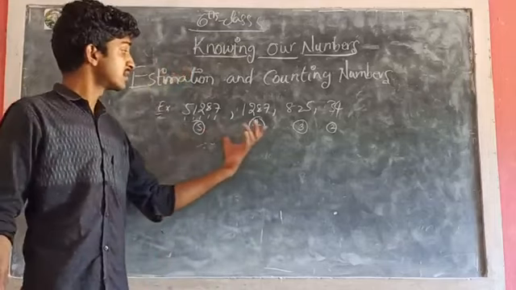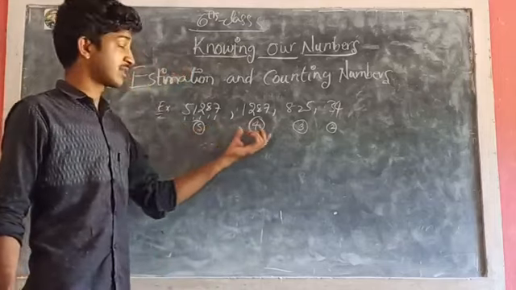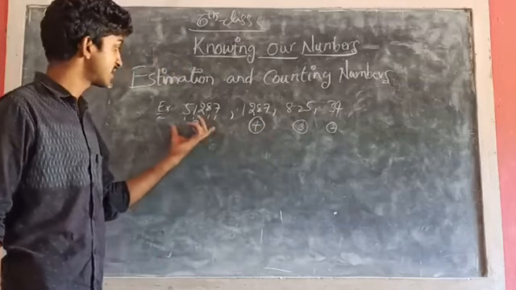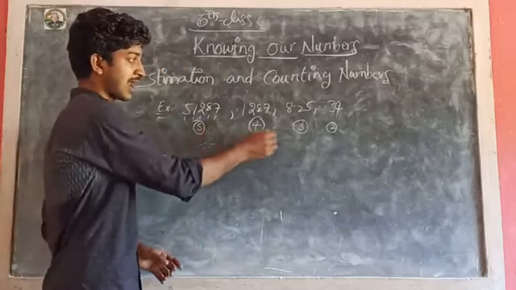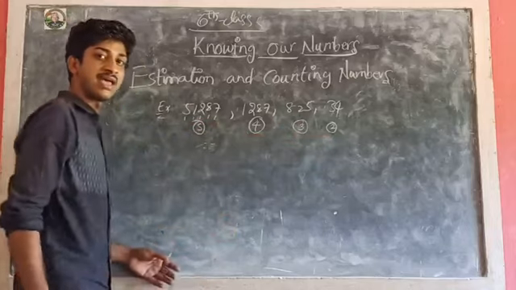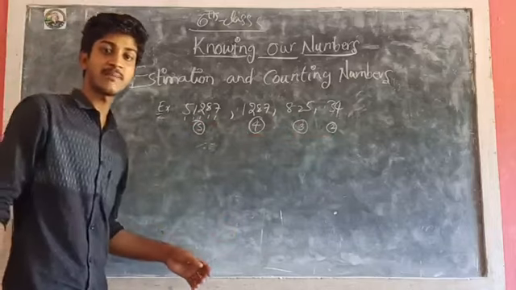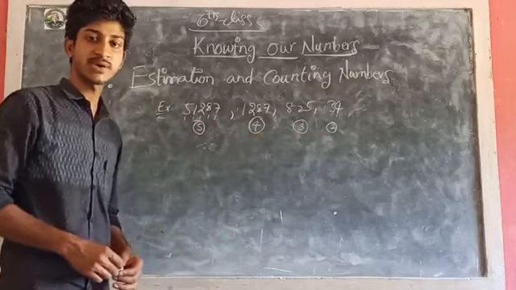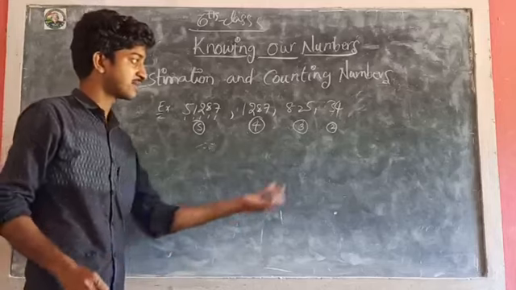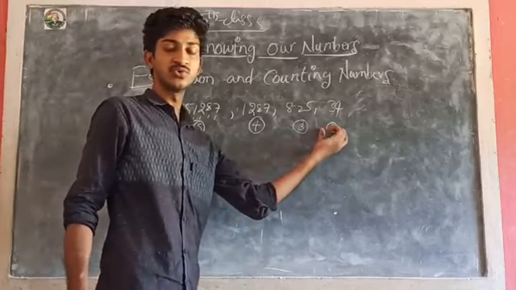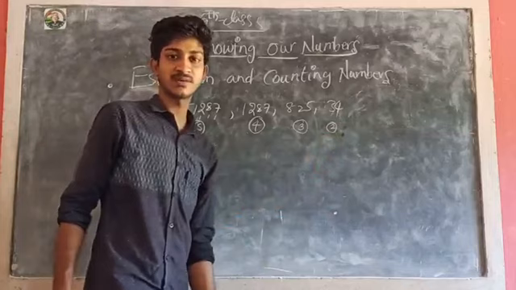So this number is greater than these three numbers. And the smallest number is the one with the least number of digits. In this number, the digits are 2, so this number is the smallest number.